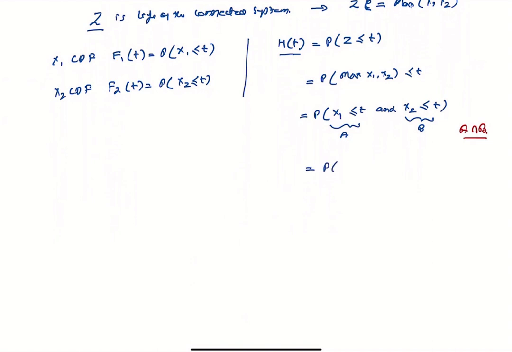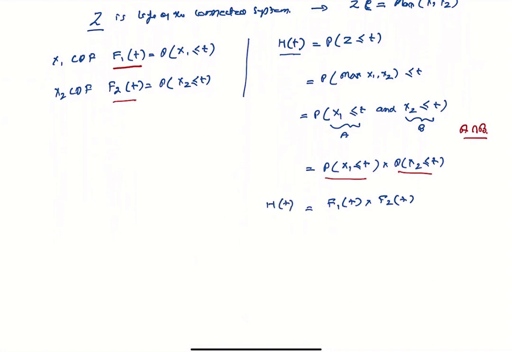So that will be the probability of x1 less than or equal to t multiplied by the probability of x2 less than or equal to t. Now this here is nothing but F1(t), and this here is nothing but F2(t). So this becomes the product of F1(t) times F2(t), which is H(t).